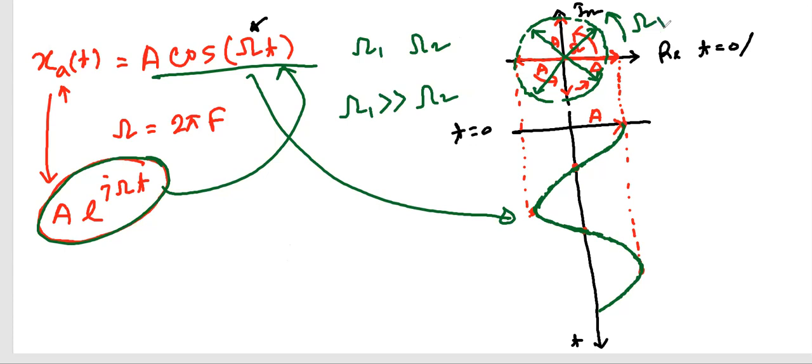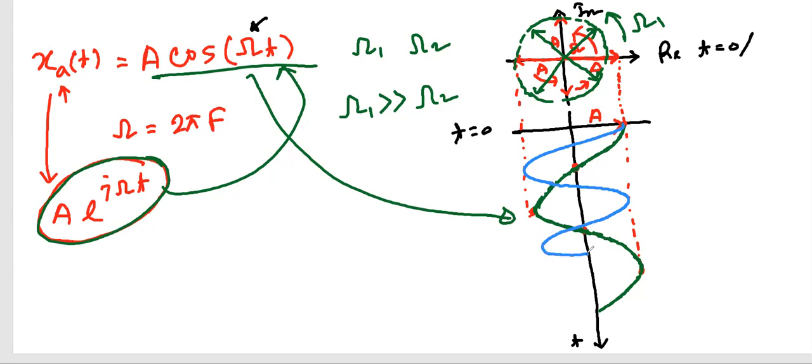If omega is higher, it will rotate very fast, faster than the changes we have made in that case. So it will be faster like this.